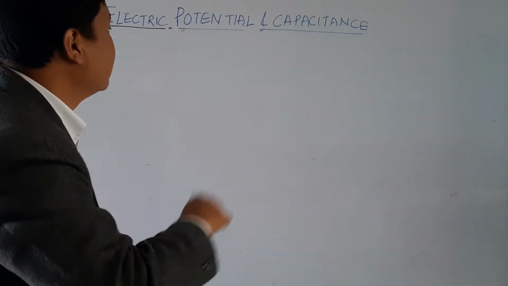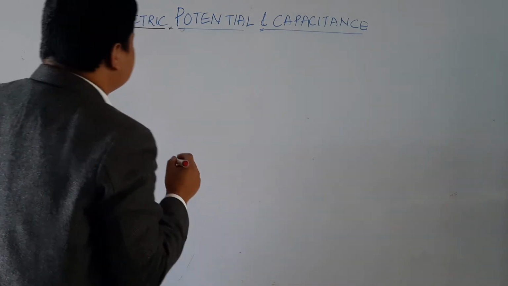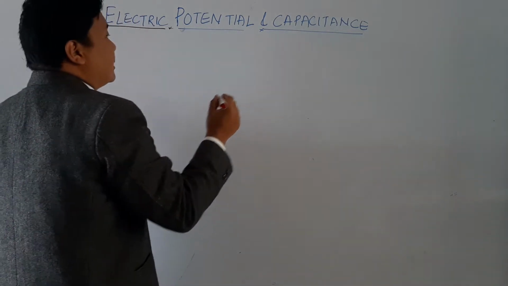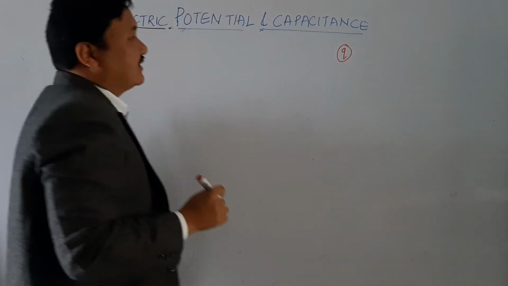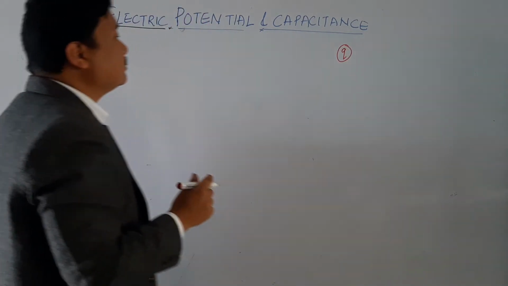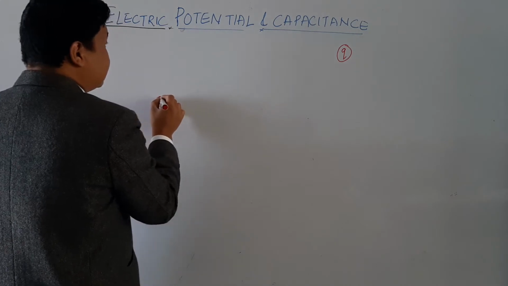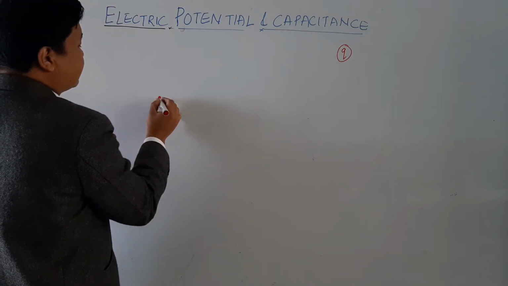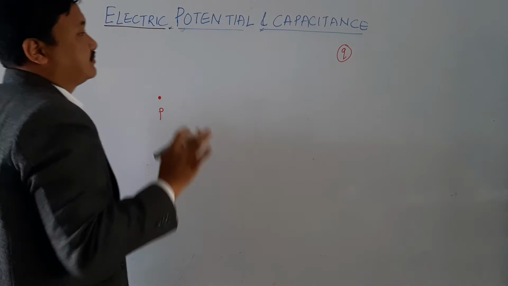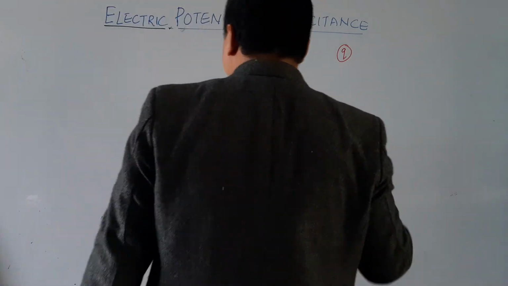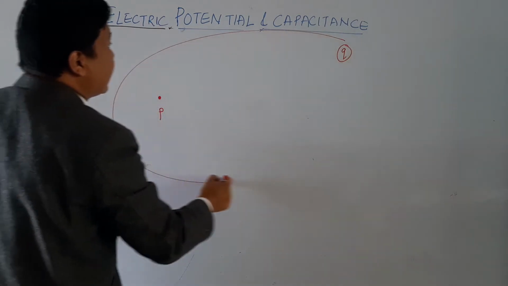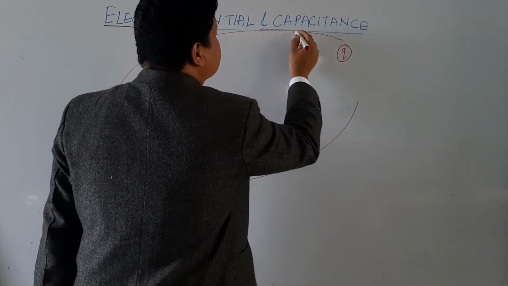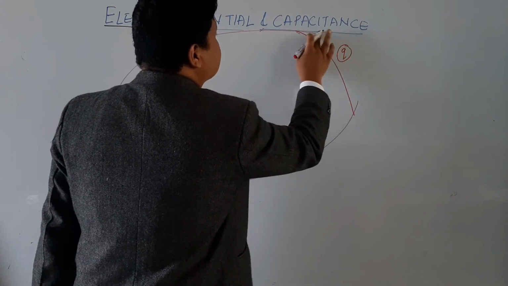Let me have a charged particle here, Q. It is just sitting here and I want to bring this charge here, at point P. Please remember this region is electrostatic.